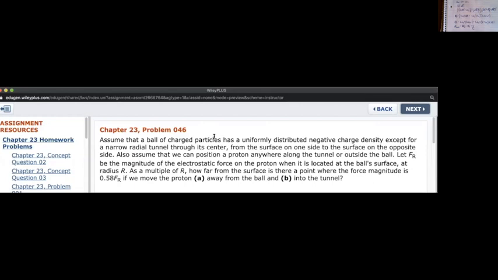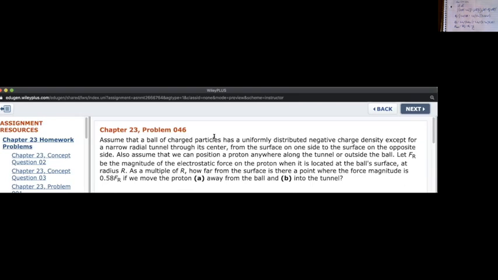Assume that a ball of charged particles has a uniformly distributed negative charge density, except for a narrow radial tunnel through its center. Okay. From the surface on one side to the surface on the opposite side. All right. Also, assume that we can position a proton anywhere along the tunnel or outside of the ball.